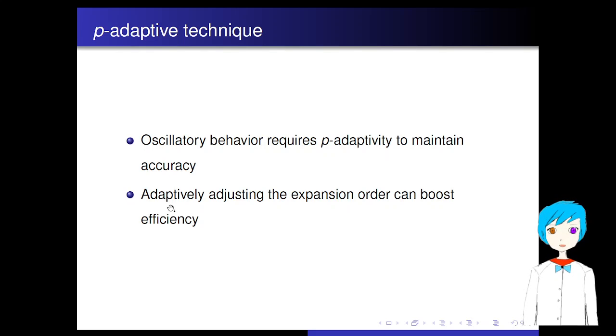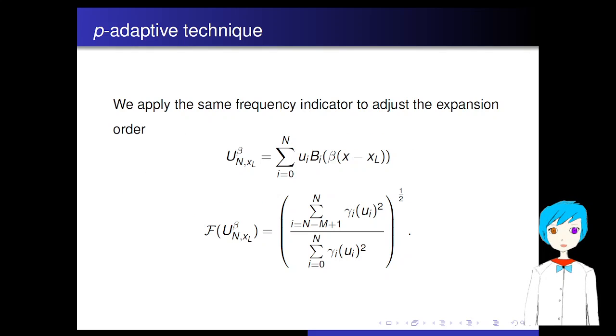Furthermore, adaptively adjusting the expansion order can boost efficiency, which means that if the function is becoming more oscillatory, then we can consider increasing the number of basis functions.